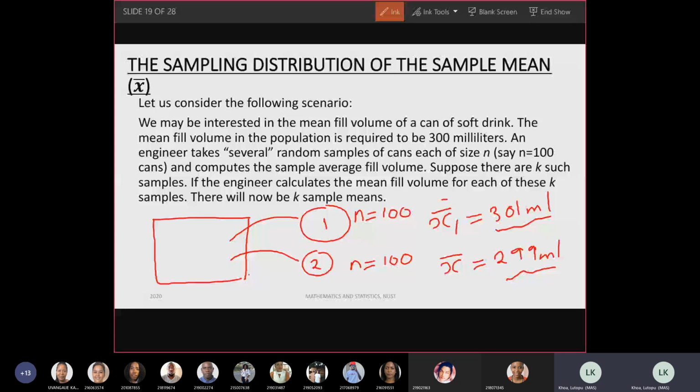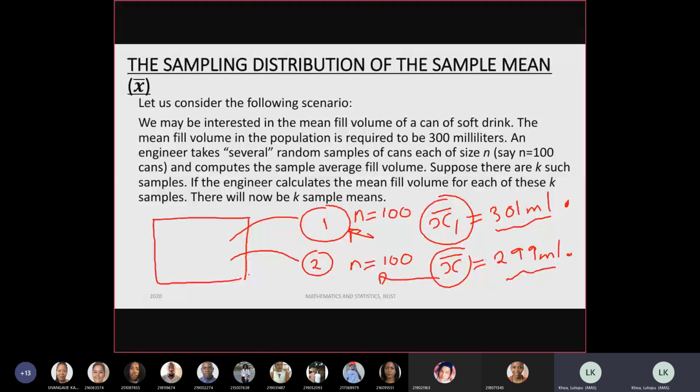So you work out the average of the averages. Here I have 301, here I have 299. The average of all the averages that you have, you will find is very close, and it is a very good estimator of the population mean.